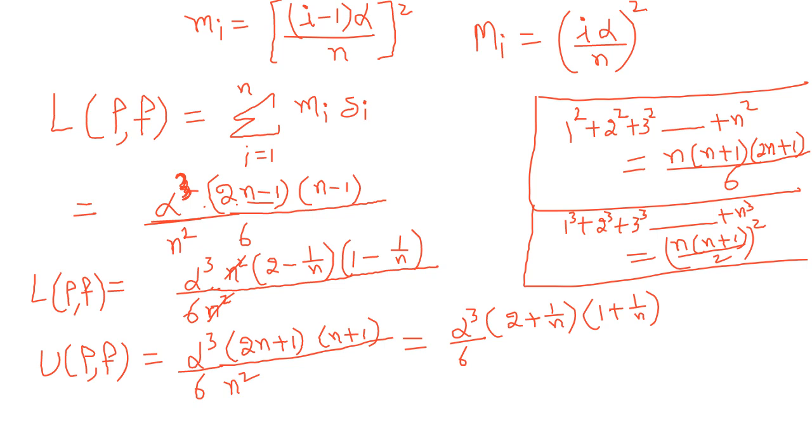Komal? Yes, sir, wait, 1 minute. Sir, 2 alpha cube by 6, alpha cube by 3. Good. So it is alpha cube by 3.